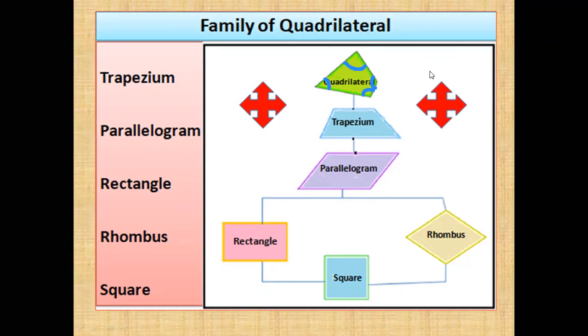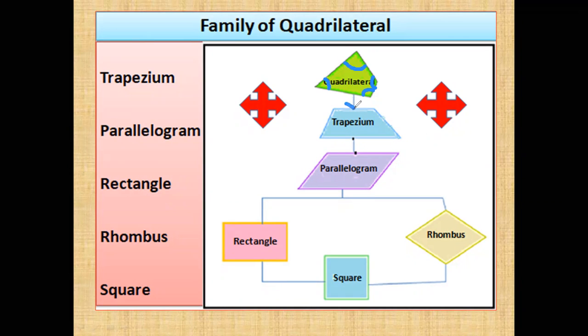Right. Now, in this quadrilateral, we said a quadrilateral has 2 pairs of opposite sides. Now, out of the 2 pairs of opposite sides, if one pair of the opposite sides becomes parallel to each other, then what happens? If in a quadrilateral, one pair of opposite sides is parallel to each other, then it becomes a trapezium.